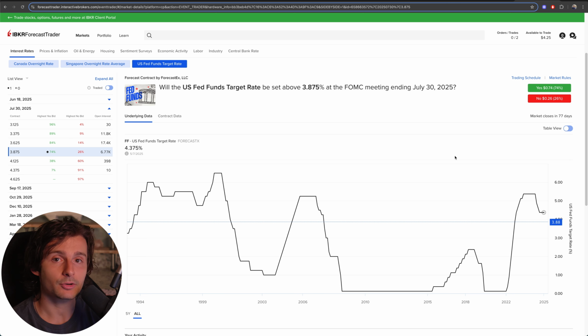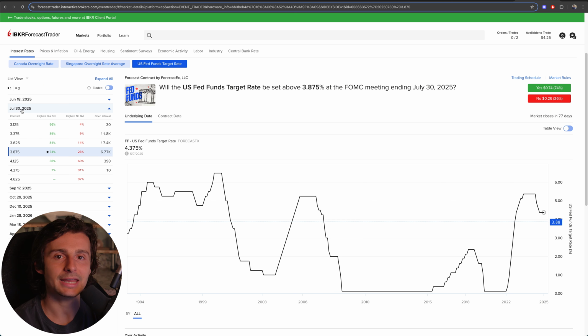And if I am correct and the Fed funds rate is above the level that I have set of 3.875 by the end of July 30th, I'm going to get $5 in return because that'll be 5 contracts settled at $1 per contract. I then have $5 of cash the next day once it's settled. If I am wrong, I have 0.